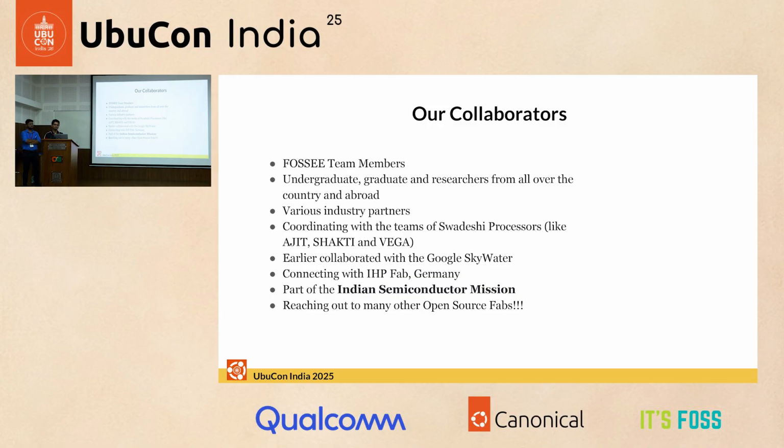We are also a part of the India Semiconductor Division. We are trying to collaborate with SemiX at IIT Bombay. Then we are collaborating with the SOVESI processors, Ajit, Shakti and Vega. These are available and integrated in eSim, so one can try them out.